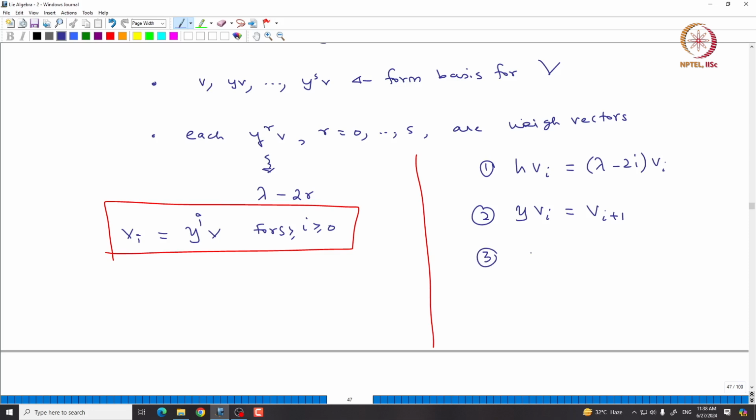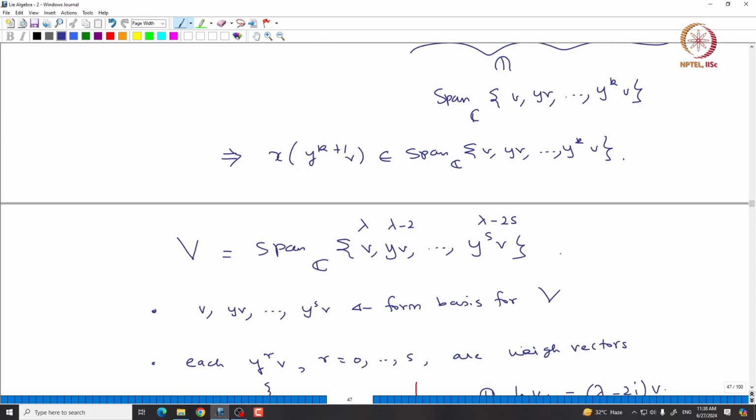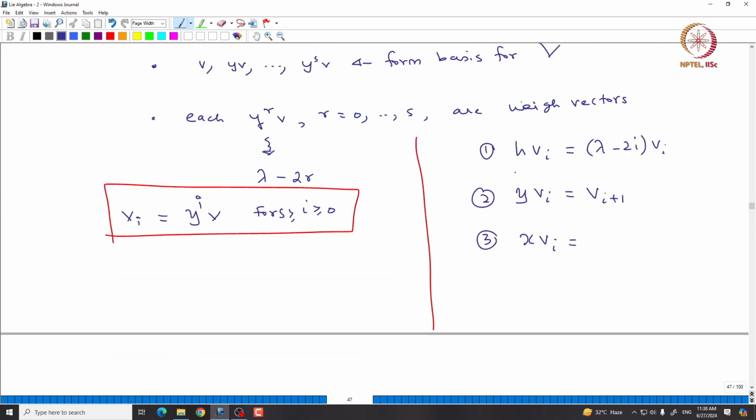Now, the third thing, x v i, is the thing that we need to calculate. It is implicitly done in this calculation, but let us do it very explicitly. What one can prove is that this is exactly equal to i times lambda minus i plus 1 v i minus 1. These are all the formulas that we have seen when we did the calculations in SM.